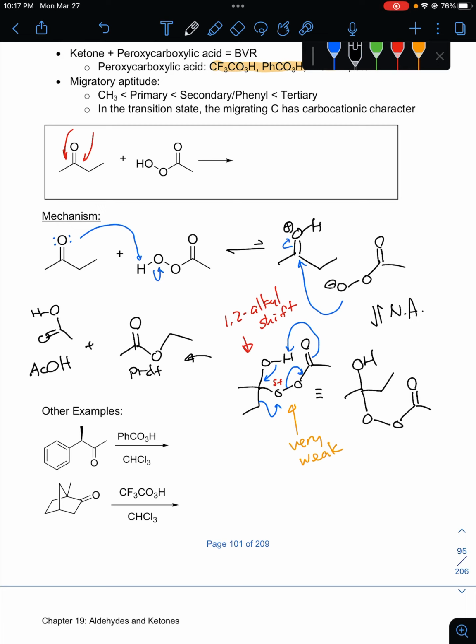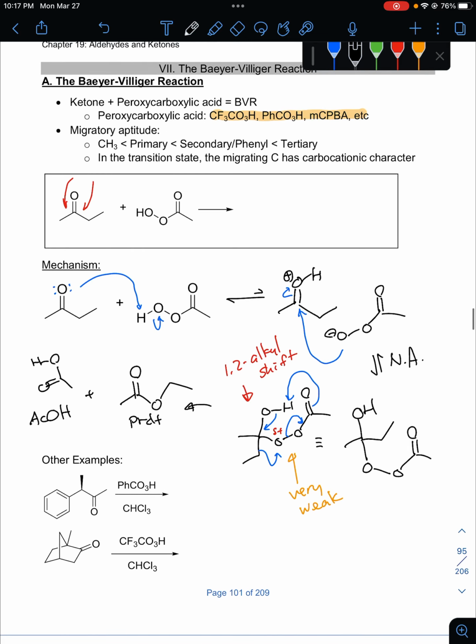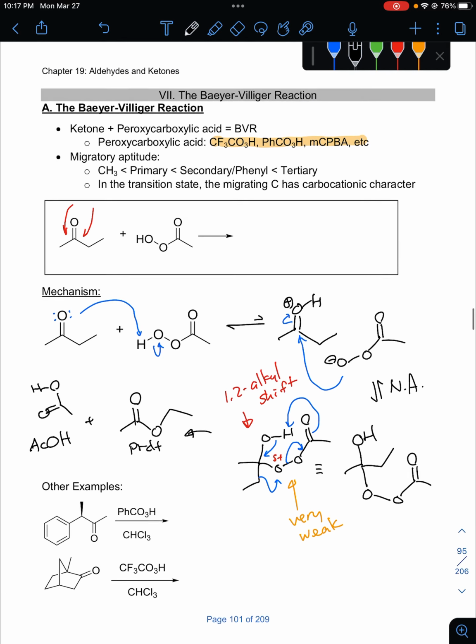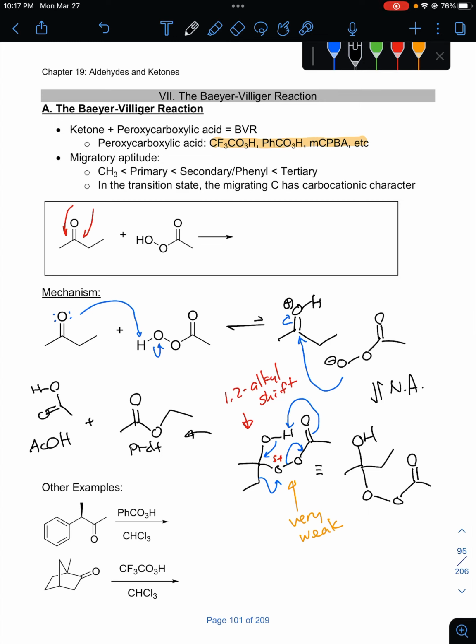Now, there's a question still here that needs to be answered, and that's which alkyl group should migrate, okay? Would it be the methyl group that migrates or the ethyl group that migrates? And that's what we meant by the migratory aptitude up here. Basically, the rule of thumb is it's the more electron-rich group that migrates.